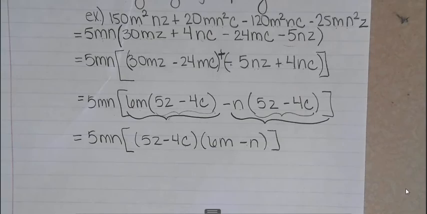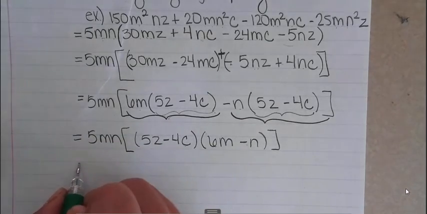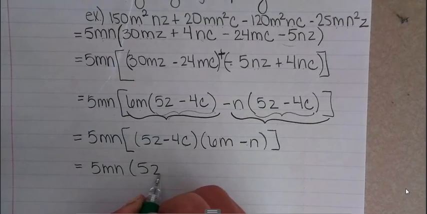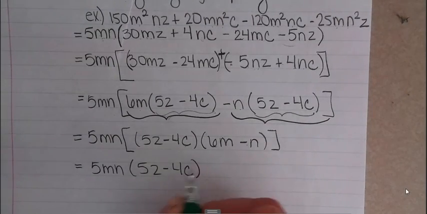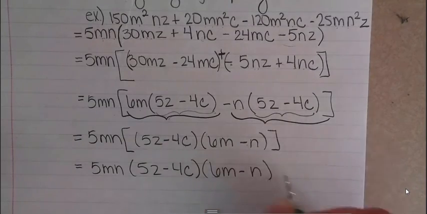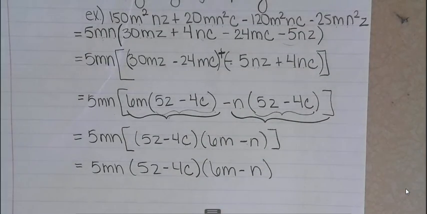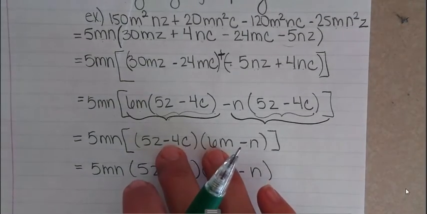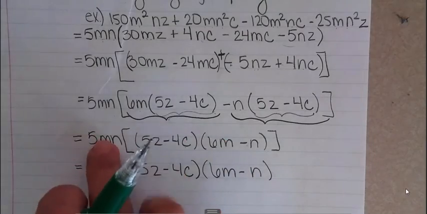Okay, so at that point, I could leave it looking like that, or you might also see it like this. You don't really need these brackets here anymore. Because multiplication is commutative, you could do it in whatever order you want. But a lot of you guys might prefer, if you were going to multiply this back out to check, starting here, do your FOIL, then distribute the 5mn.